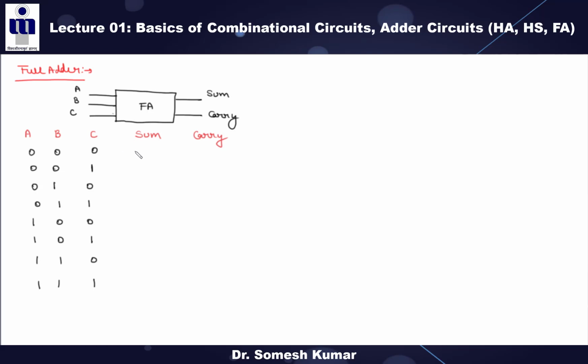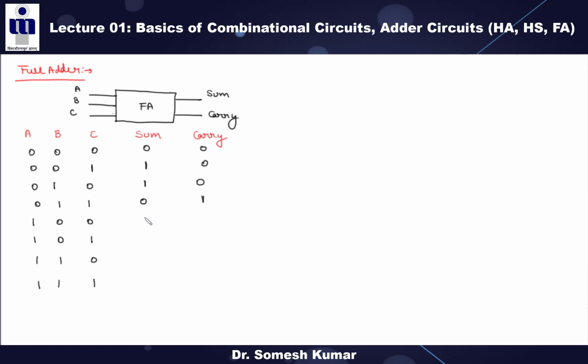Then what is the sum in this case? First case, 0 plus 0 plus 0. Sum is 0, carry is also 0. In the next, sum is 0 with 1 plus 1, carry is 1.